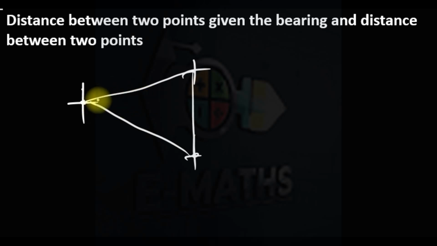Since we are given the bearing of 2 points and the distance between 2 points, the major question that comes in here, maybe if you are given this, with this you know this angle, or maybe if you are given the bearing here, maybe from that you know this angle. So the problem, if you know the distance, maybe if here is A, B, C, so you might be given this distance and this distance. So you're asked to find this unknown.